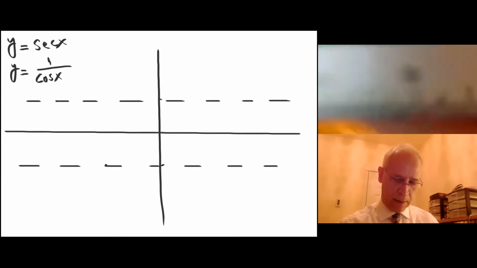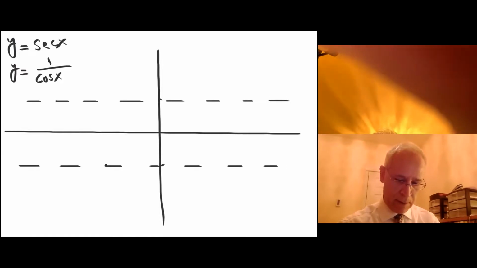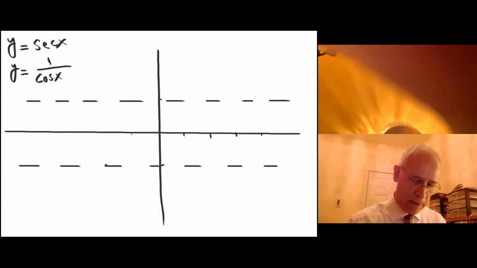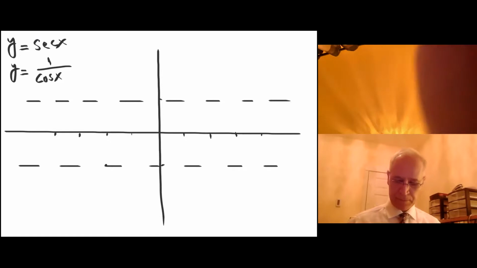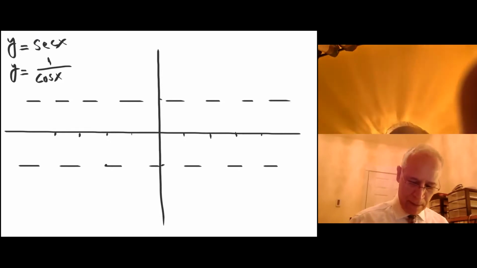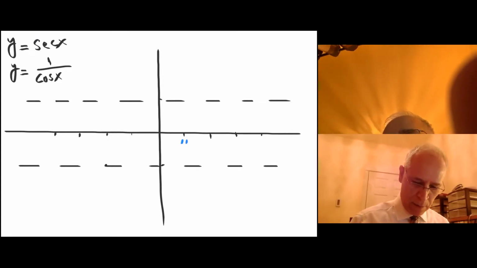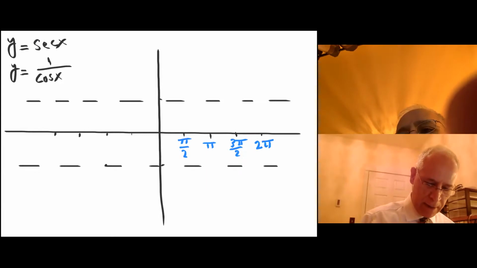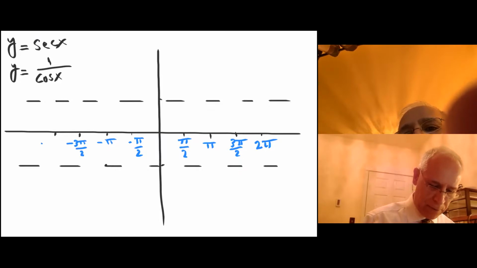So let's say this is 1, and I'll put tick marks for pi over 2, pi, 3 pi over 2, 2 pi, -pi over 2, -pi, -3 pi over 2, and -2 pi.